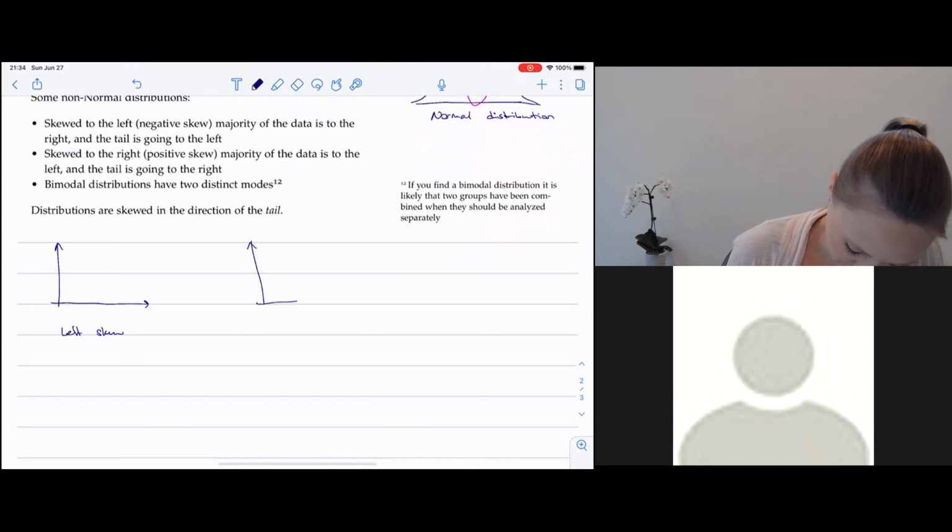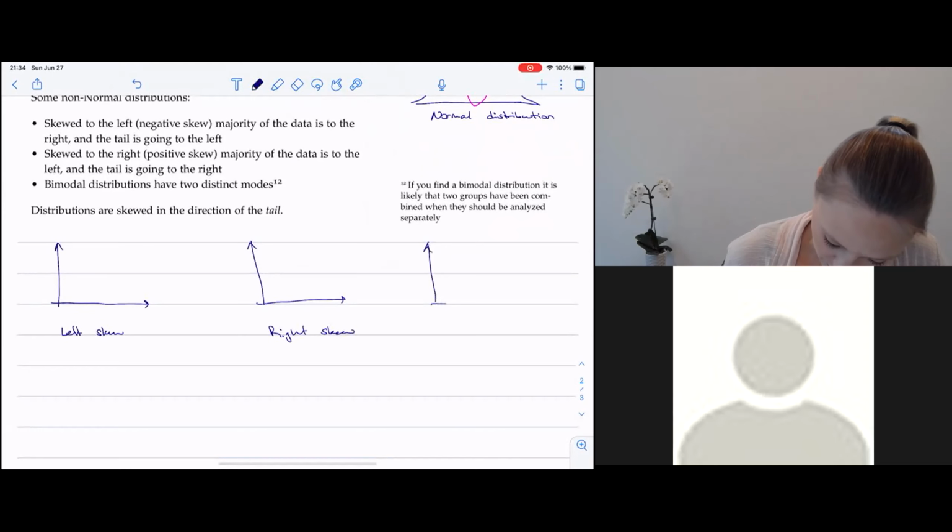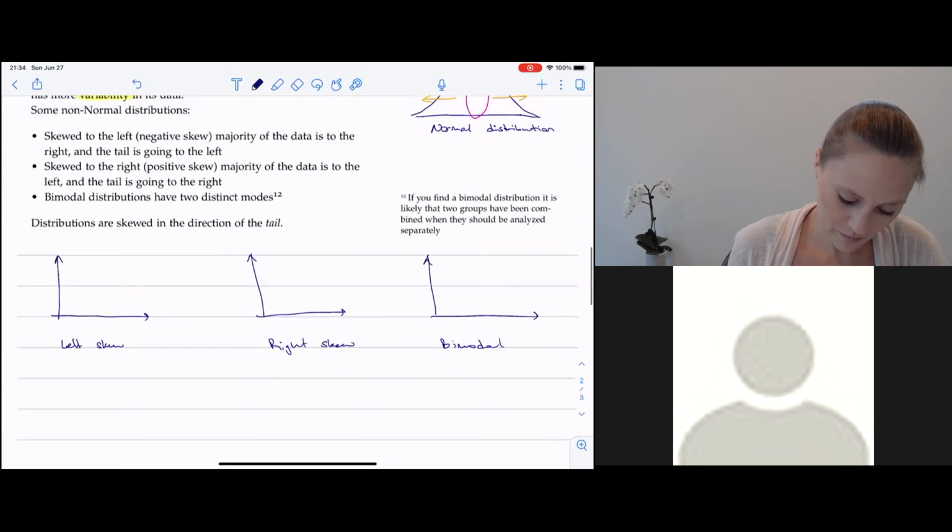I'll map these out first. Right skew. And then finally, we'll talk about bimodal. Okay.